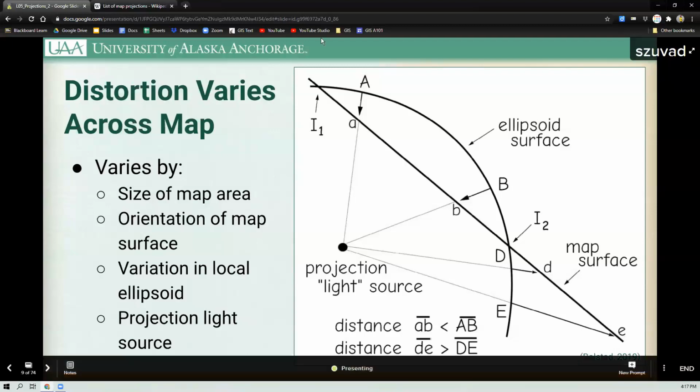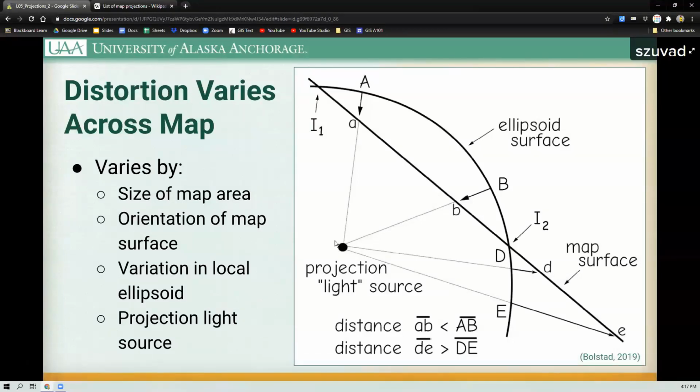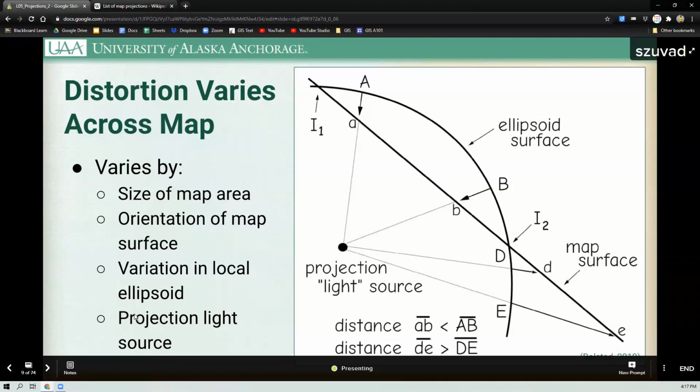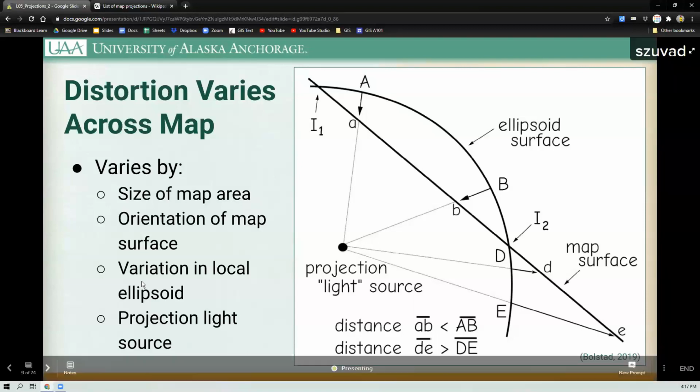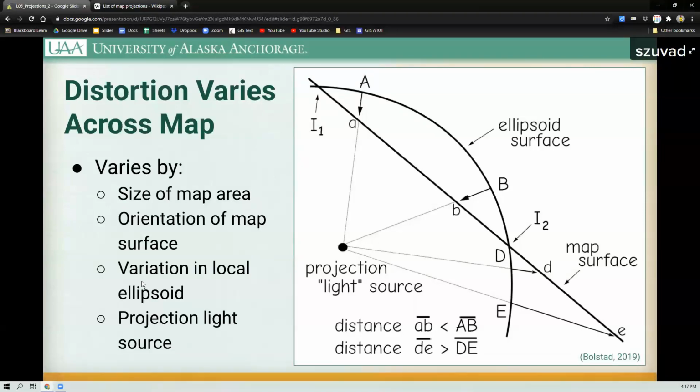And then this is that point that I tried to explain without pictures, which isn't very helpful, of where you're viewing your projection from. And another point that I think is helpful on this slide is that your distortion can also vary as a result of your local ellipsoid. So if you're in an area where there is a lot of variation in that local ellipsoid, for example, Cook Inlet is an area that has its own ellipsoidal model because there's a lot of really strange stuff happening in Cook Inlet.